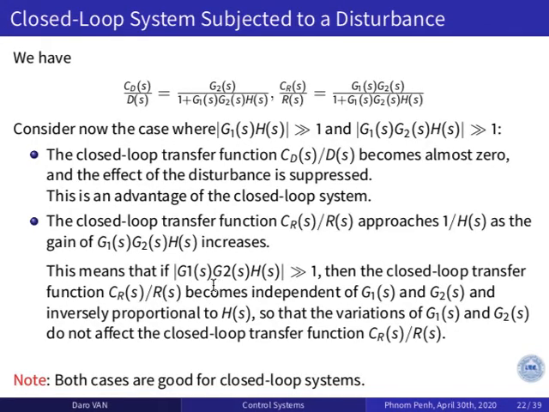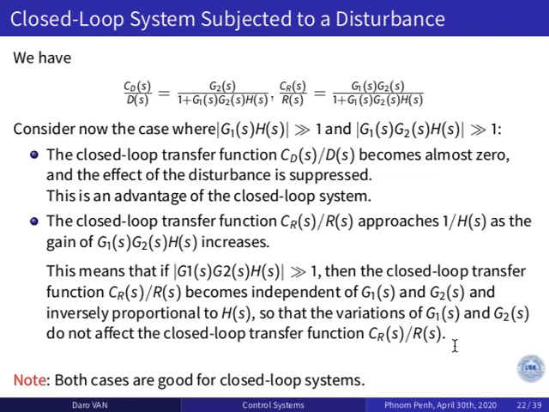This means that if this value is much greater than 1, then the closed loop function C_R(s) over R(s) becomes independent of G1 and G2, and inversely proportional to H(s), meaning 1 over H(s).